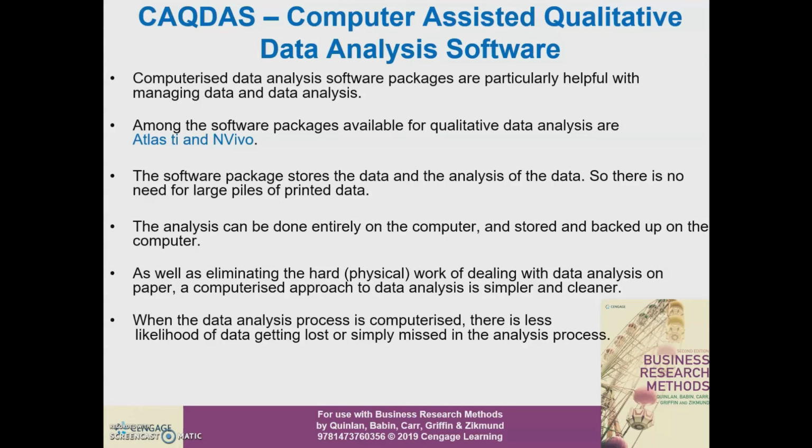The analysis can be done entirely on your computer, stored and backed up on your computer as well. So you will be eliminating the hard physical work of dealing with data analysis on paper, and this is a computerized approach to data analysis which is simpler and cleaner. When the data analysis process is computerized, it is less likely for data or pages to get lost or simply missed in the analysis process.